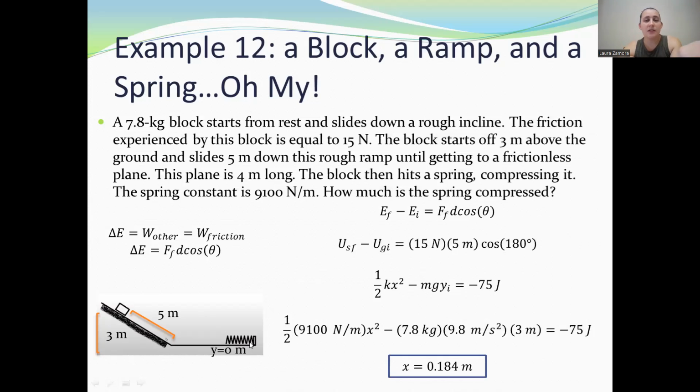So the spring potential energy, when the block is at its initial position, is 0 as well. So initially, the only energy that this block has is due to the fact that it is at a height of 3 meters above our reference point of the floor. So it only has gravitational potential energy initially. Does that make sense?